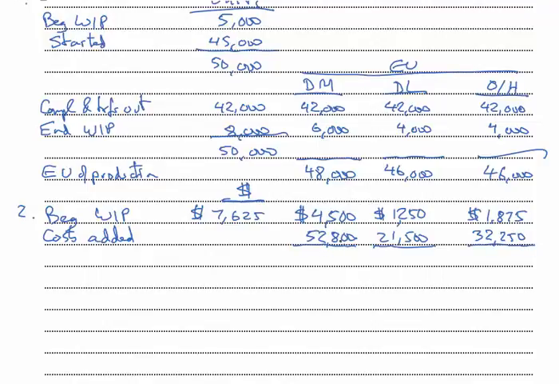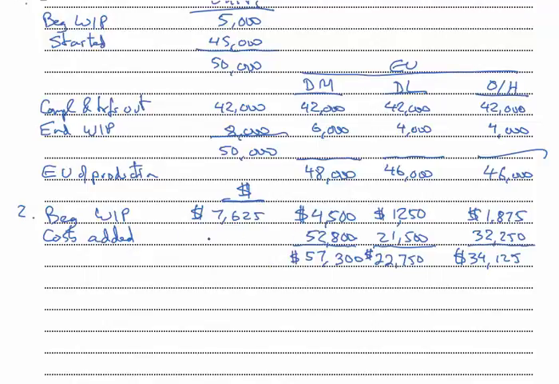So if we add these up: 57,300, 22,750, and 34,125. Probably put dollar signs in there just so we know we're talking dollars, not units.